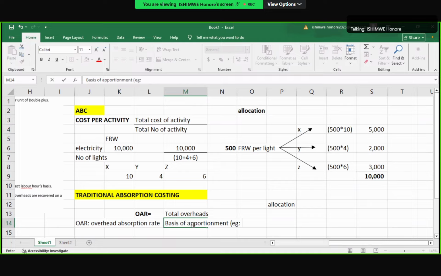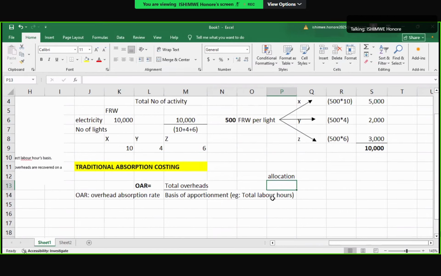If we are using labor hours, you divide by total labor hours. I put an example because it might not be labor hours, it might even be machine hours, depending on what the examiner told you. Unless they are silent, that is when you should use labor hours. Now you get total overhead over labor hours. It means what you get will be overhead per labor hour. Then you go to allocation. How do you do allocation? Before I say let's go to allocation, let's have an example.